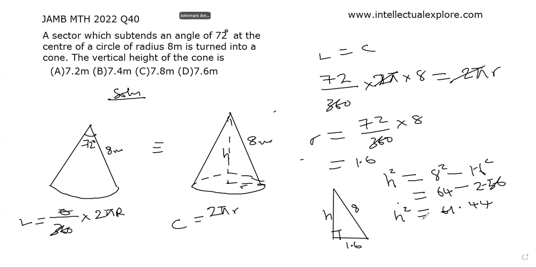That's h squared equals 61.44. Therefore your h will be the square root of 61.44, which will give you 7.6. So therefore, your h equals 7.6 meters. All right.